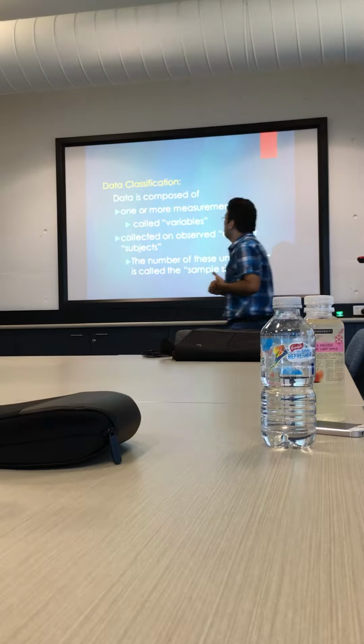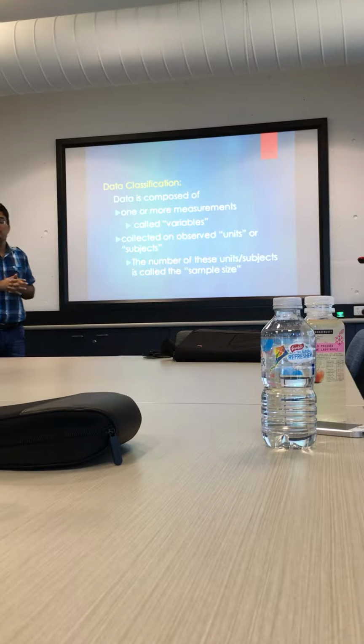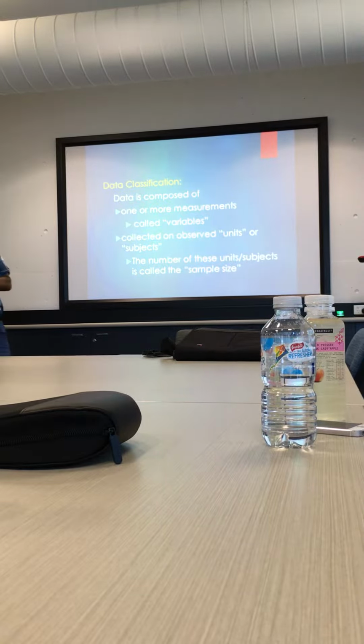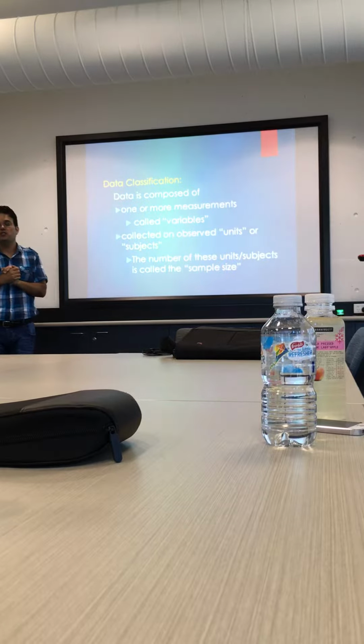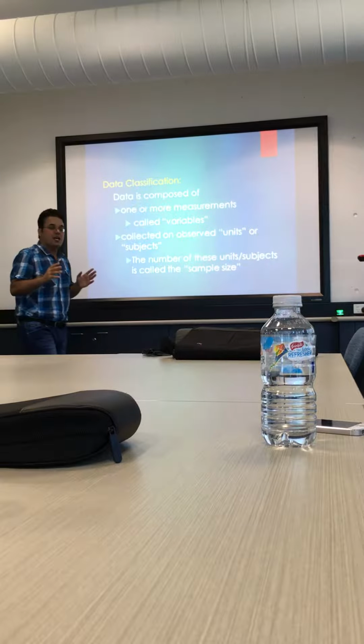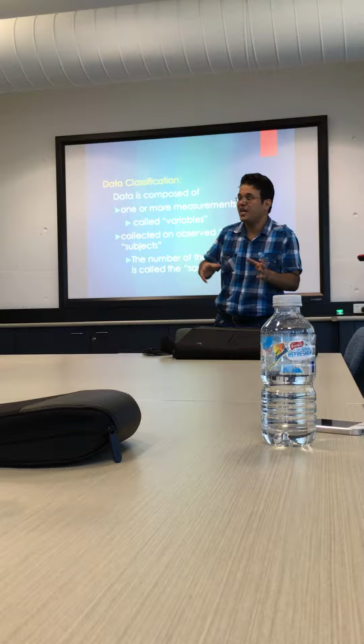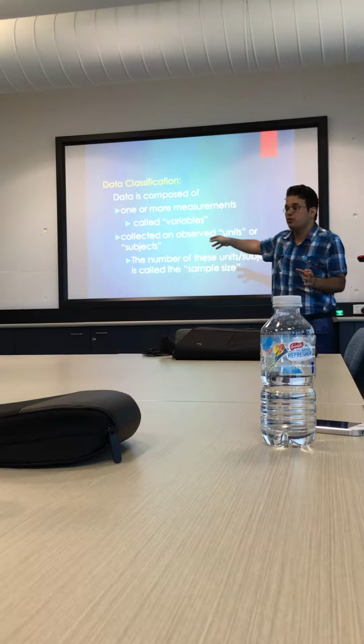Data is composite because sometimes we collect a lot of data, huge data, and we want to compose the data to take the right data. Okay, I will just make it easy for you. I have variables and subjects or units.